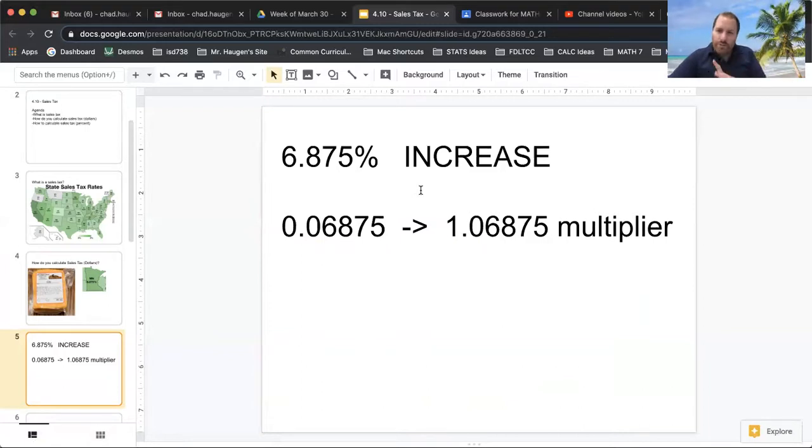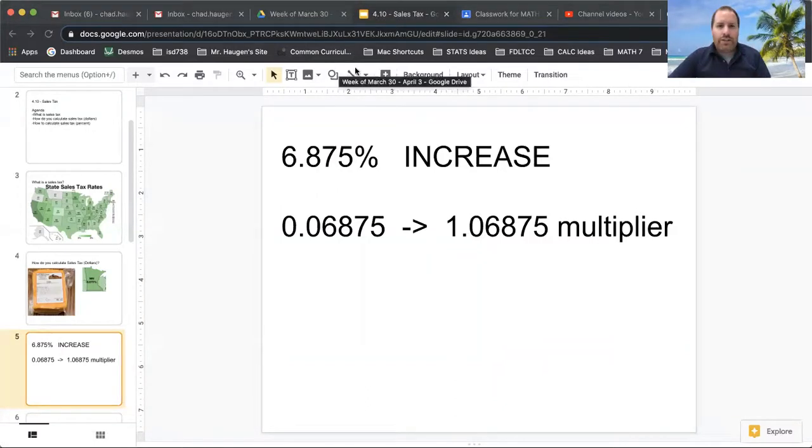There are two different ways we can go about this. You can do it either way, they're both absolutely correct. One way is where we take this percentage and change it to a decimal, which you guys have gotten good at.